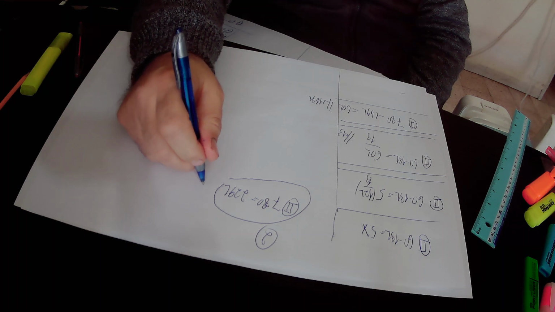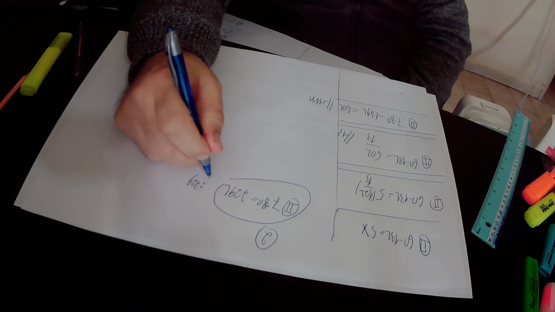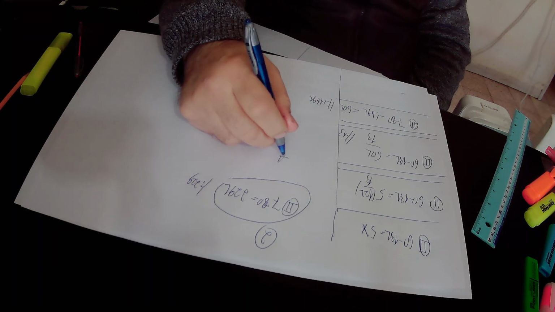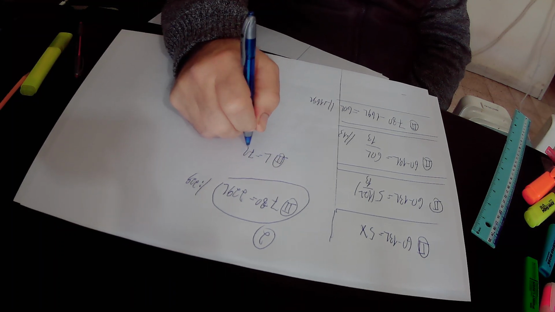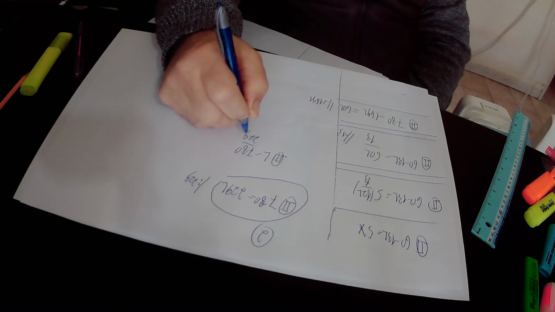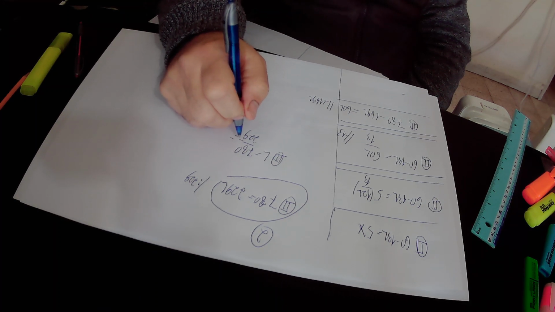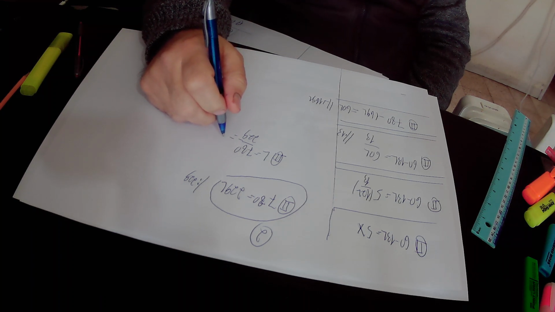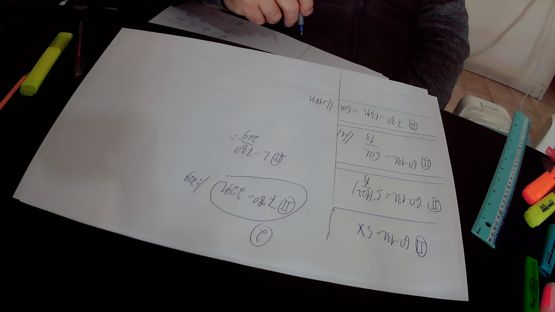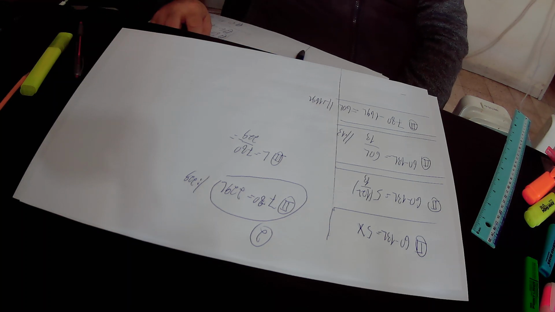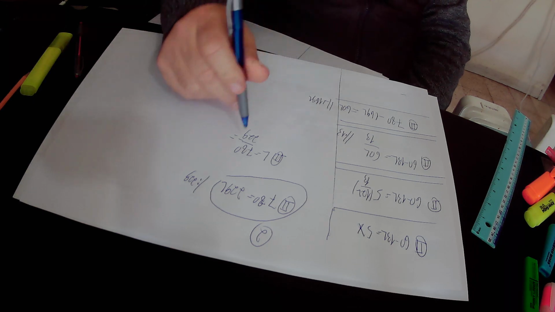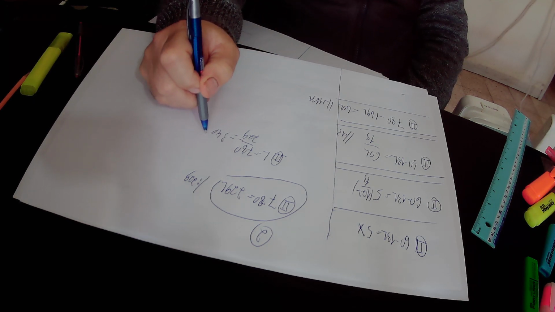Here we divide this equation 2 by 229, and we get that L equals 780 over 229, which equals 3.40611.